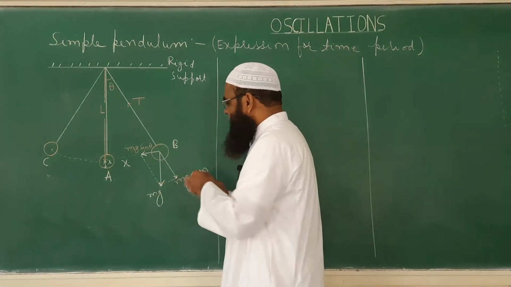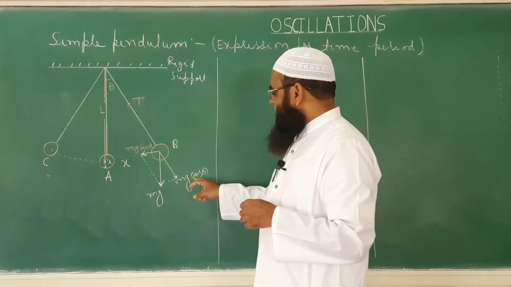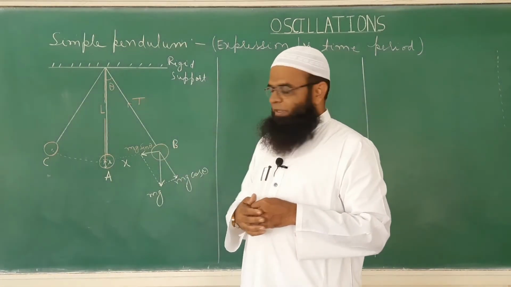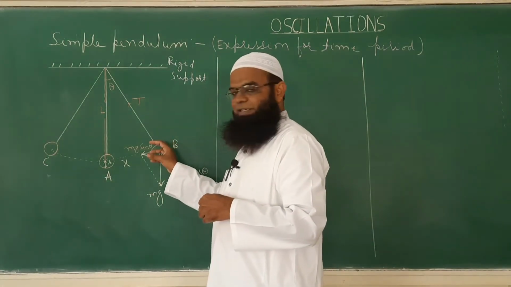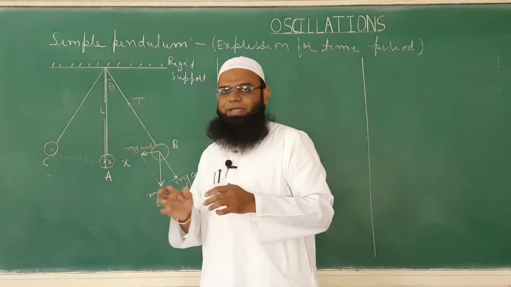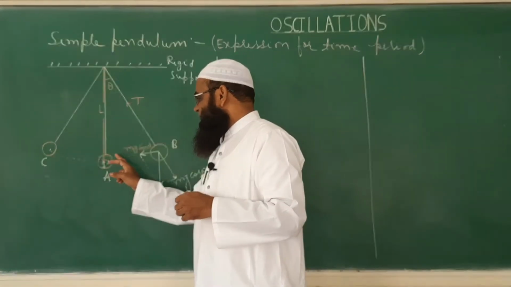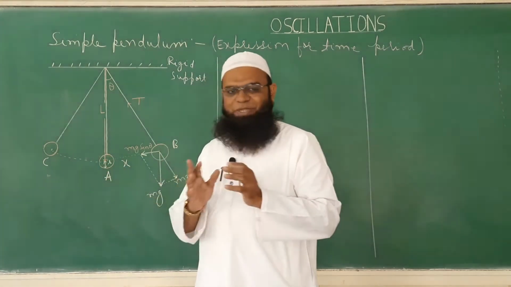Now, what is this mg cos theta doing? Mg cos theta is balancing the tension in the string, and this mg sin theta is acting as a restoring force. It will try to bring this bob back to its mean position.